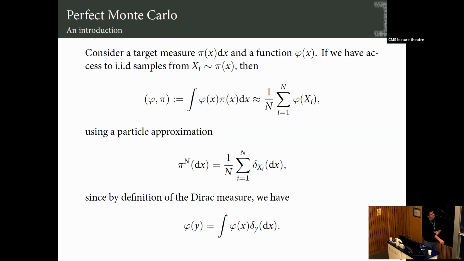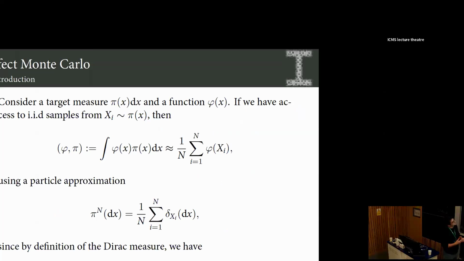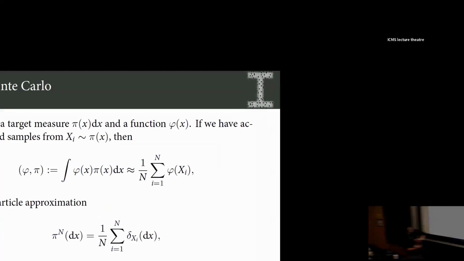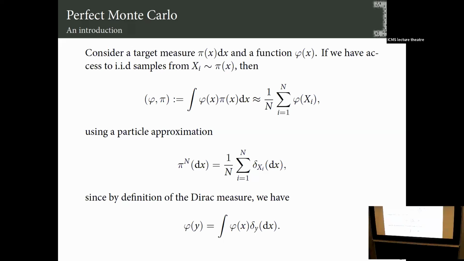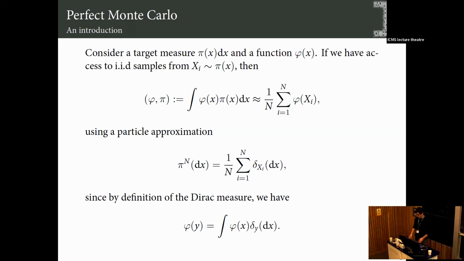So what is the Monte Carlo approximation? It's good to start from the very basics, then complicate it all the way up to filtering. We can start from something as simple as plain Monte Carlo. What do I mean when I say I'm going to approximate the filtering distribution with Monte Carlo? It's simply this. If you have just a target, forget about time t and everything, just a fixed static target, Monte Carlo approximation basically means that if we have access to IID samples from this density, then we can approximate expectations.